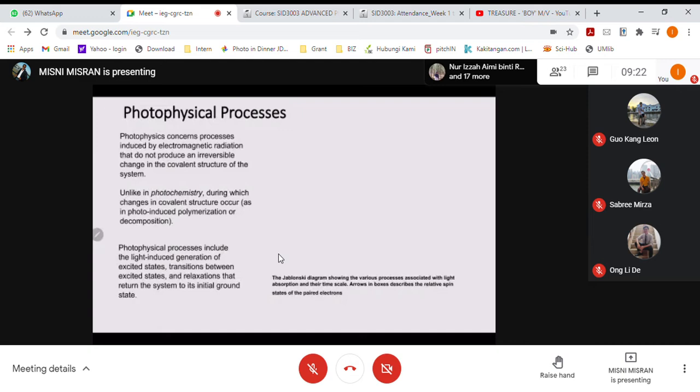You have light energy absorbed by the oxygen molecule, and one oxygen molecule becomes two oxygen radicals. Right? This is a photochemical process. And it says here, photophysical processes include the light-induced generation of excited states, transitions between the excited states, relaxation, and then return to the ground state eventually.